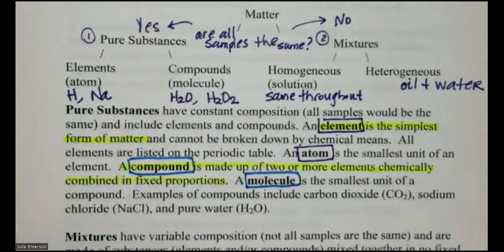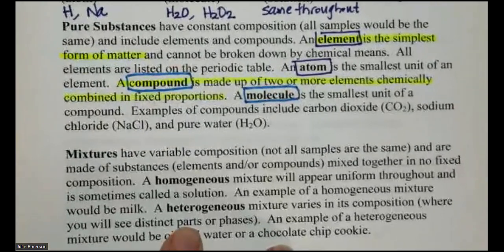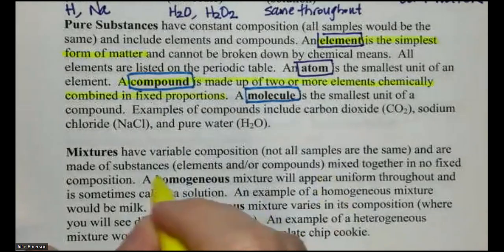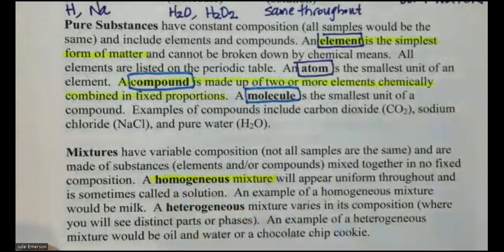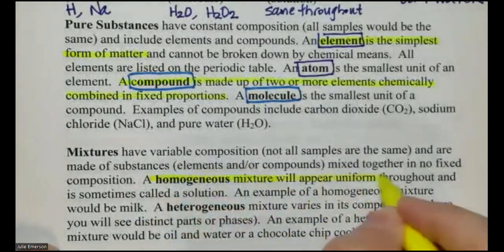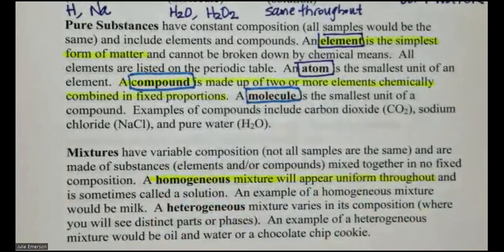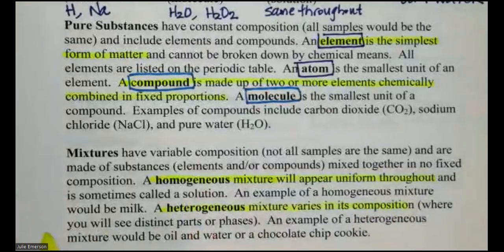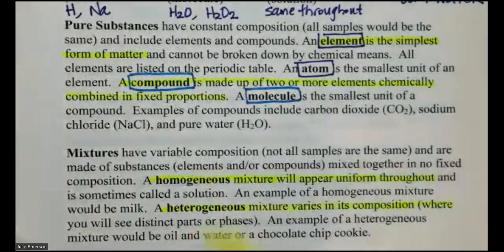All right. So mixtures, like we talked about, have variable composition. Not all samples are going to be the same, right? If we have a homogeneous solution or mixture, that's where it will appear uniform throughout. You won't be able to tell the different substances apart. And heterogeneous is when the composition is variable.